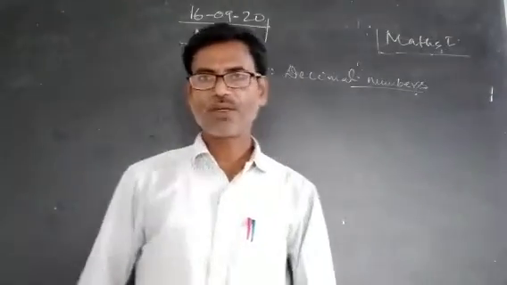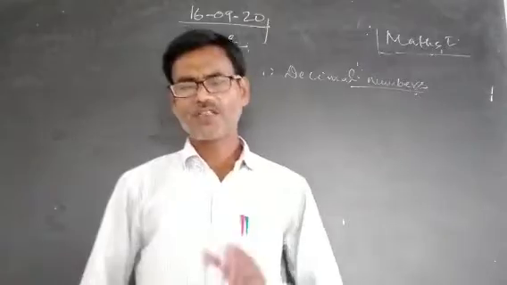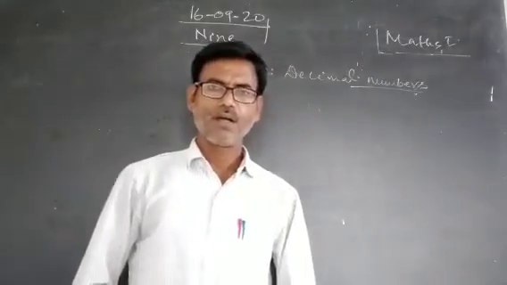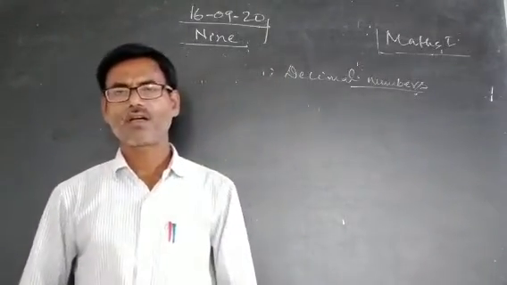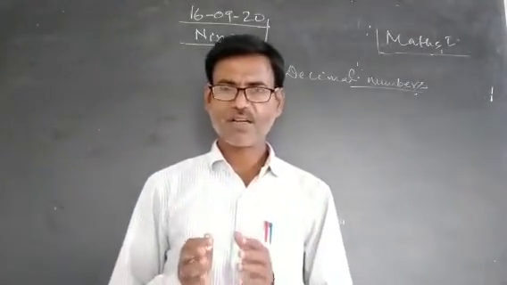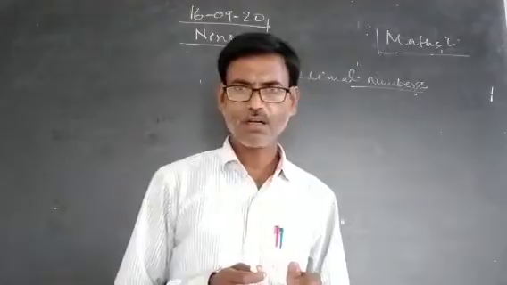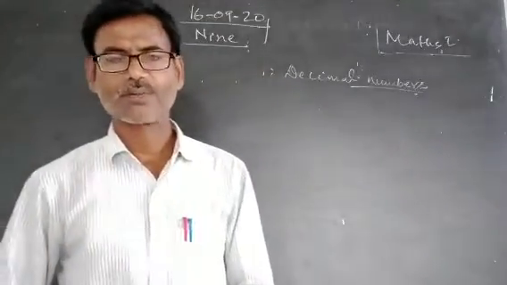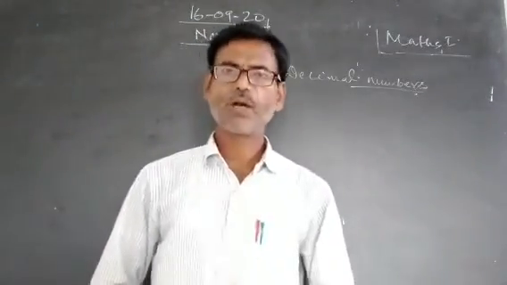Without performing actual division, we can decide whether a rational number has its decimal expansion as a terminating decimal or a non-terminating decimal. There is a simple rule for this.